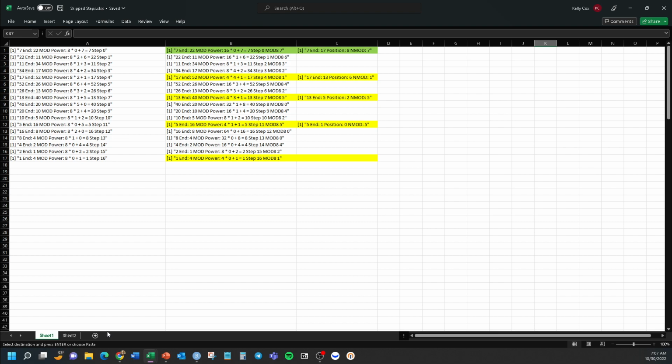And so I'm at 13. 13 is a 5 mod 8, so I know I'm going to divide by 8. Then I'm at 5 mod 8 again, and this one's a 16, so I'm going to divide by 16.